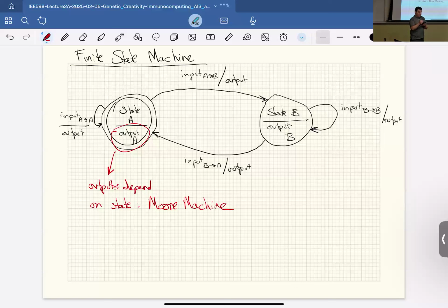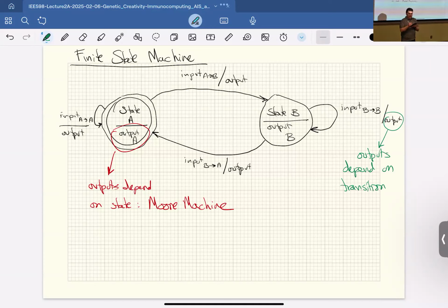And when your outputs depend on edges or transitions, we call that a Mealy machine. Every single computer program can be written as a finite state machine. All of computation can be written in terms of this, given enough states, enough transitions, and so on.